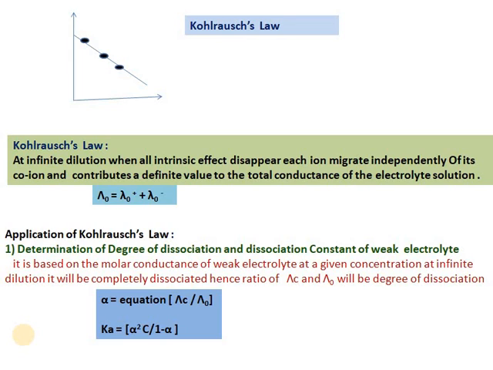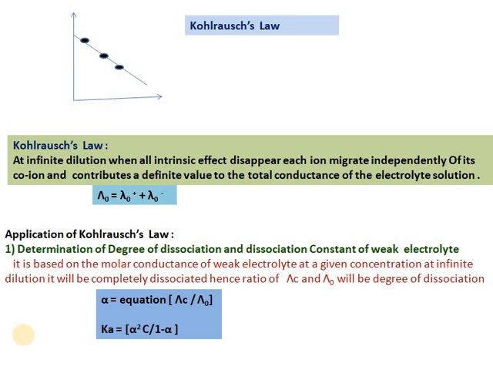and therefore it is possible to calculate the limiting molar conductance for the solution of such an electrolyte, which must be the sum of the limiting molar conductance of the cations and anions, right? So two statements were given for Kohlrausch's law.